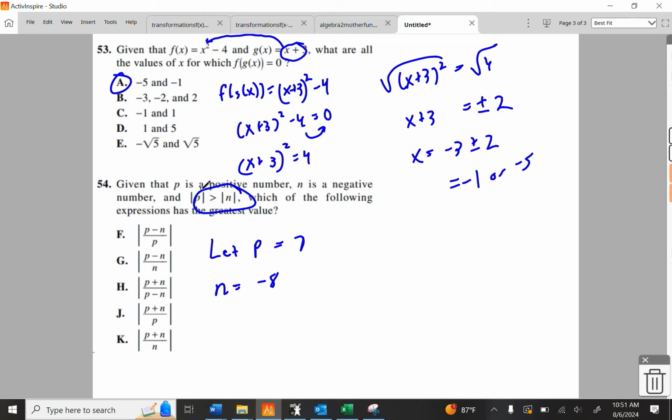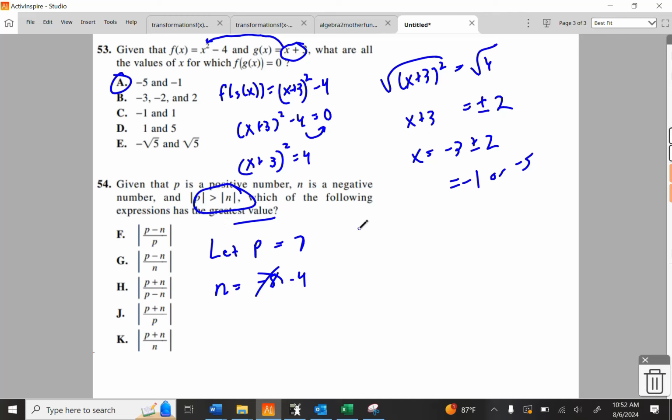Absolute value is distance from 0, it's always positive. So this doesn't work. So maybe we do something like a negative 4, because now it would work. And this is a strategy in ACT math, is to make up numbers. And I want to see which of the following expressions has the greatest value, so now I can just plug things in. And it is exhausting, but whatever.